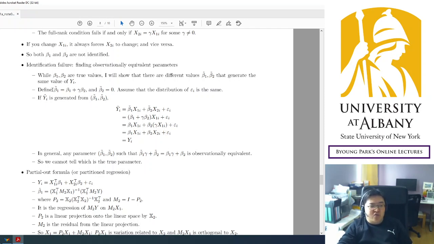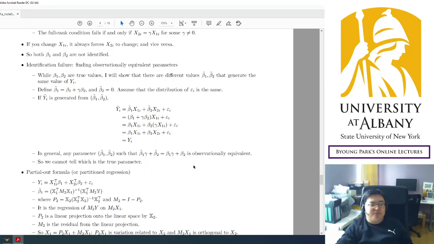So you don't need to choose this number. I just chose one number to make it simple. But, more generally and formally speaking, any parameter value that satisfies this relationship is observationally equivalent. The proof is the same, and it's easy to show.